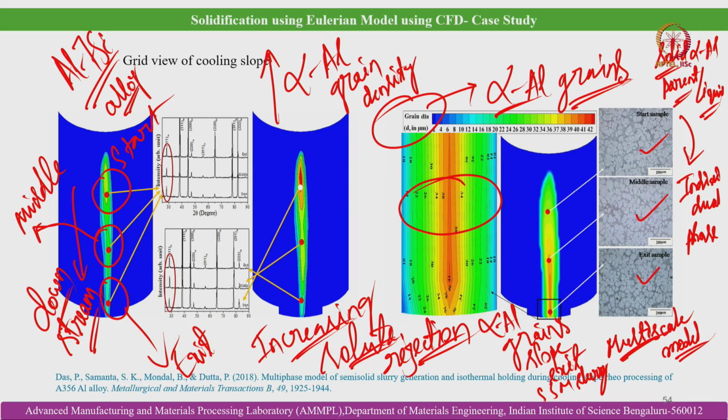So, this is a real life example of how you can employ process models to develop a deeper understanding of the process. Like I told at the beginning, the importance of process model development lies in two fronts. Number one, it gives you insight into the physics of the process, which is otherwise extremely difficult to understand by experimentation alone, and experimentation requires significant tooling, time, energy and cost considerations.